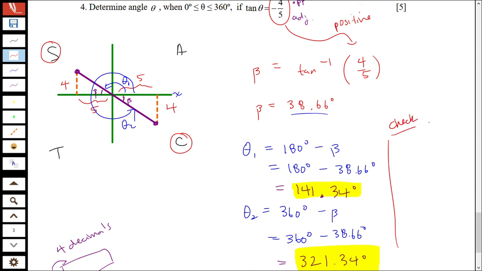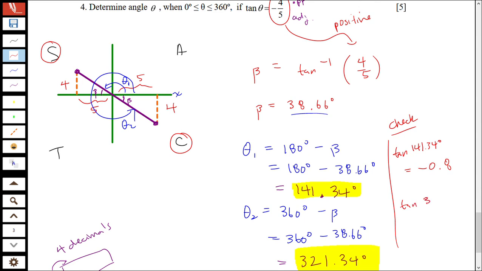So usually I just do the little check. And you don't have to write it down. I would just do it for yourself. So I would just do tan of 141.34 and see what kind of value you get. So let me try. So 141.34, and I get a value of -0.80000. So if you round it, you get -0.8. And let's do the second one.